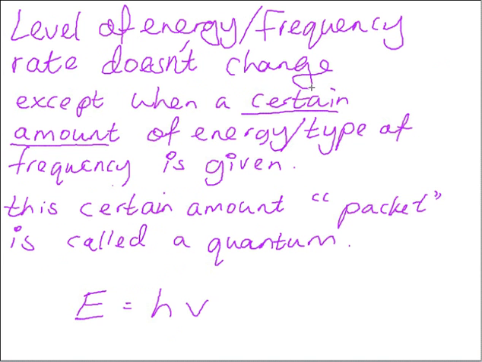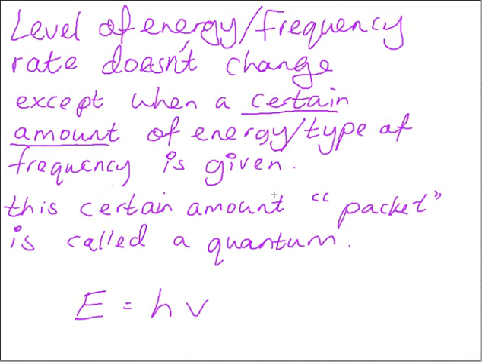Okay, he said that the level of energy and frequency, like gamma rays, like that, the different level or type of energy and frequency will not change except when a certain minimum amount of energy is given.